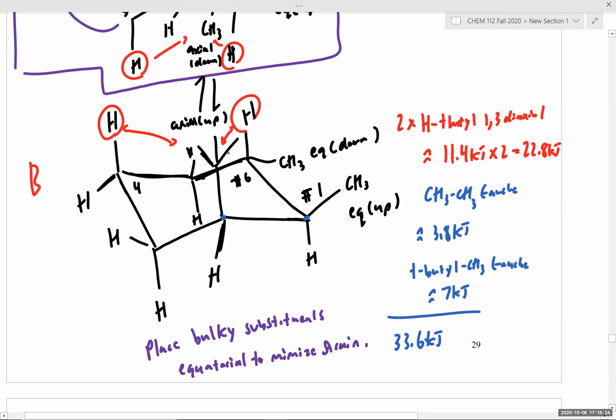Generally, if you have a T-butyl group, the T-butyl group can be thought of almost like a lock. T-butyl substituents are almost always equatorial. It's very, very rare to have a T-butyl group in the axial position.